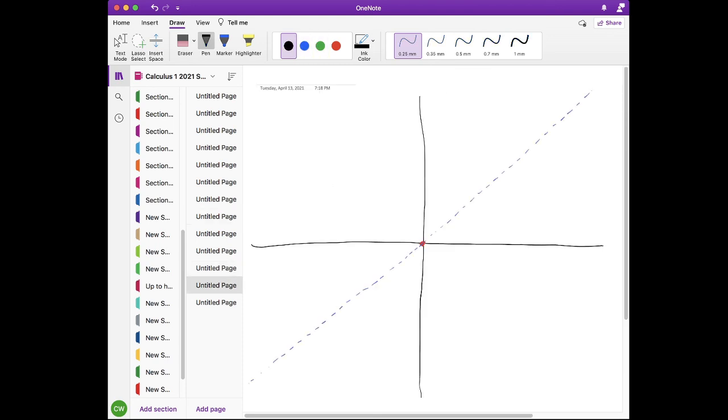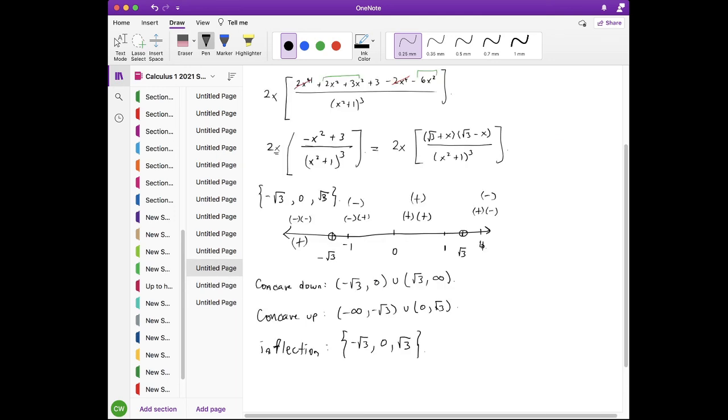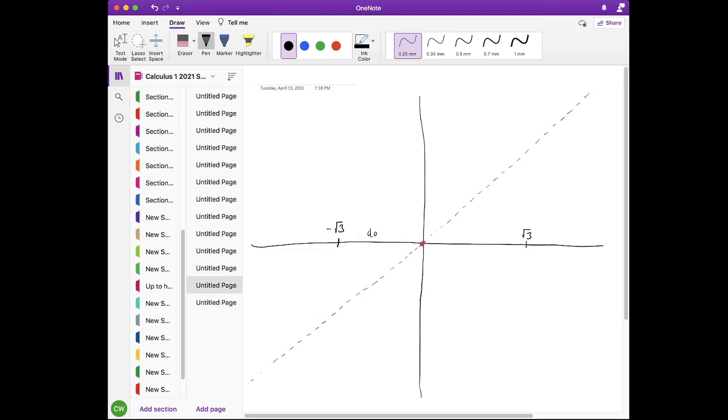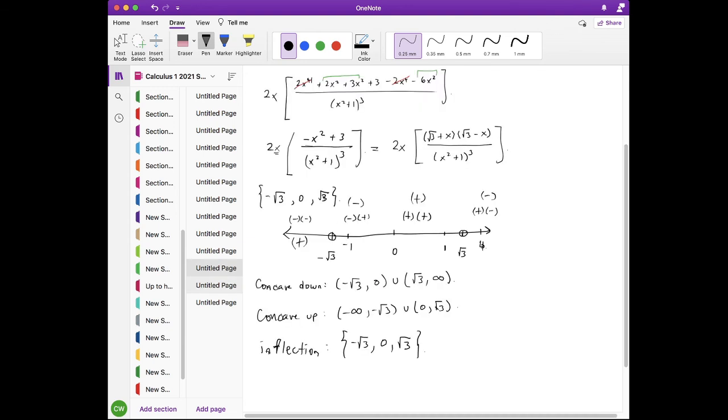I'm going to go out a little bit: negative root 3, and then root 3. All right, so it's concave down from negative root 3 to 0, so it's down here. So it's up, down, up, down.